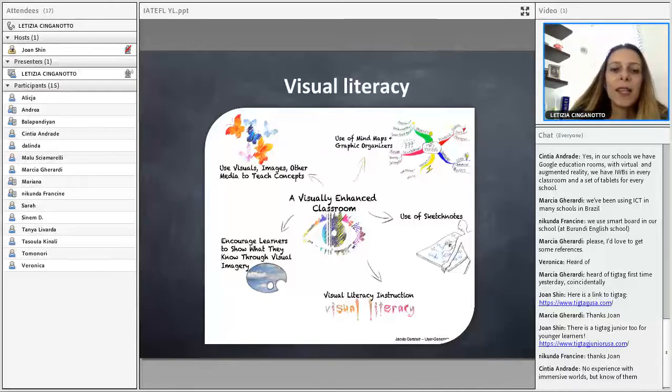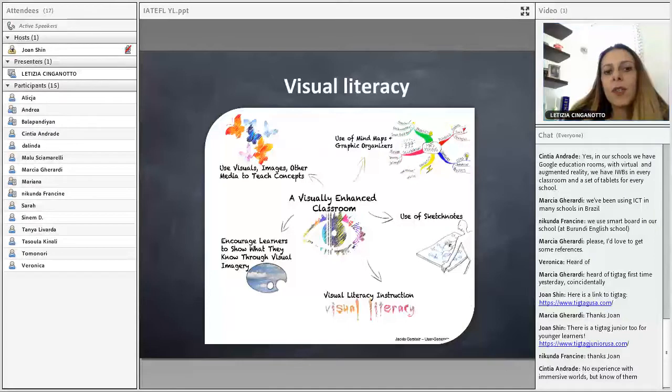So visual literacy is very important. How do we educate our students to make the best of the visual inputs they receive, and can, of course, produce? That's why we talk about a visually enhanced classroom, a class that makes use of visual inputs for learning purposes.